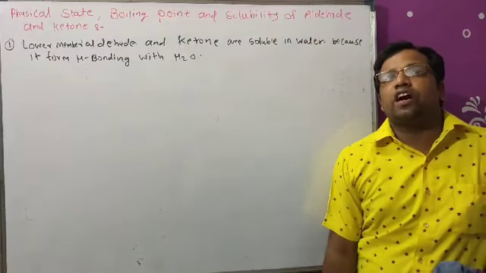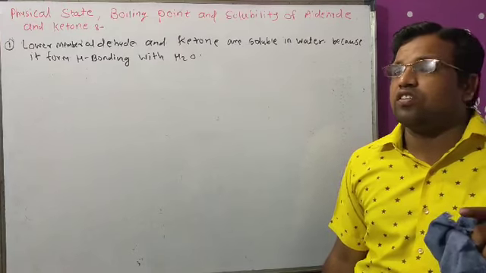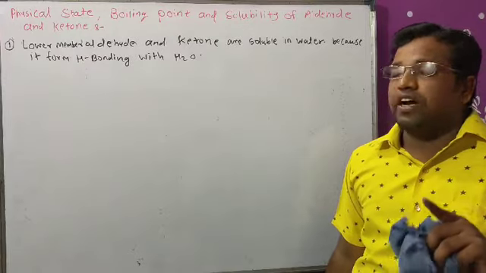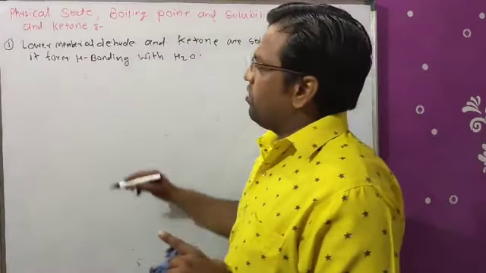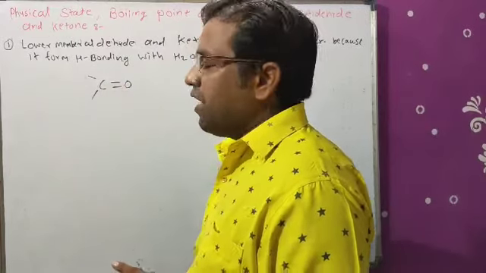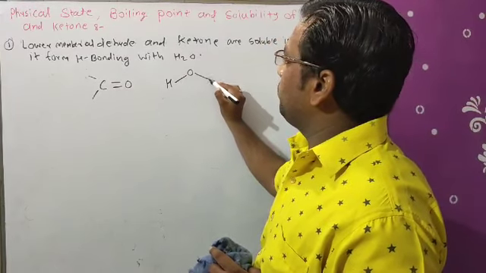Now, the carbonyl oxygen atom makes hydrogen bonding with the water molecule, like this. This is the carbonyl carbon atom, it may be an aldehyde or a ketone, and this is the water molecule.